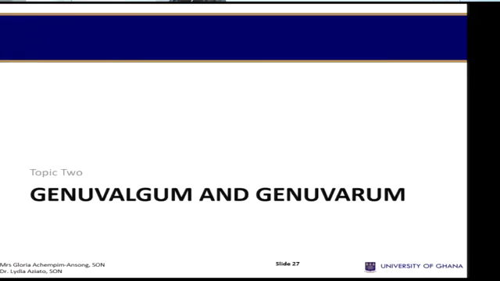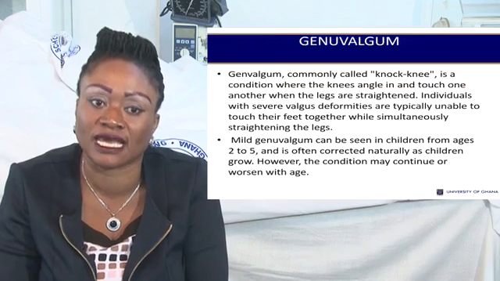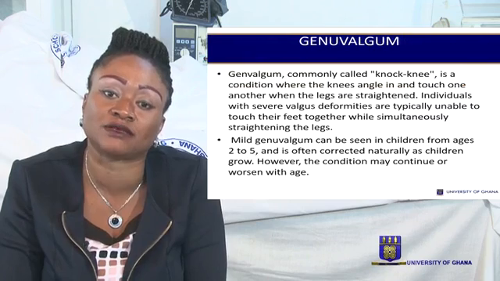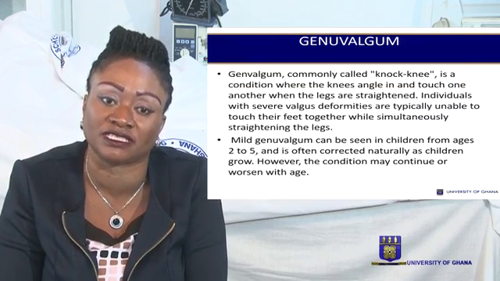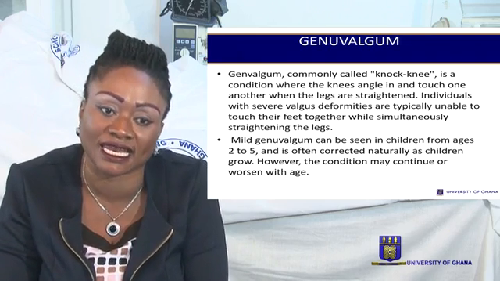We now move on to our second topic, and that is Genu valgum and Genu varum. Genu valgum, commonly called knock knee, is a condition where the knees angle in and touch one another when the legs are straightened, and individuals with severe valgus deformities are typically unable to touch their feet together while simultaneously straightening their legs.